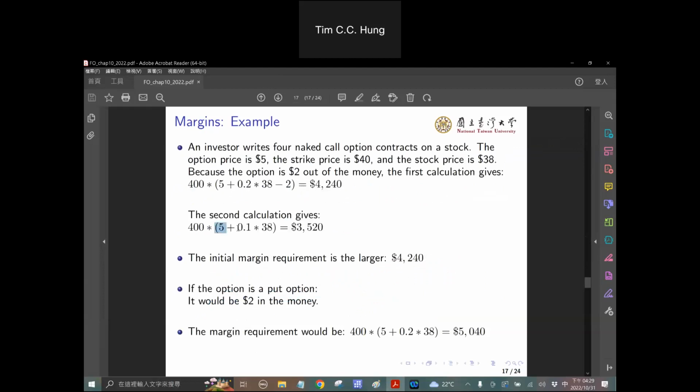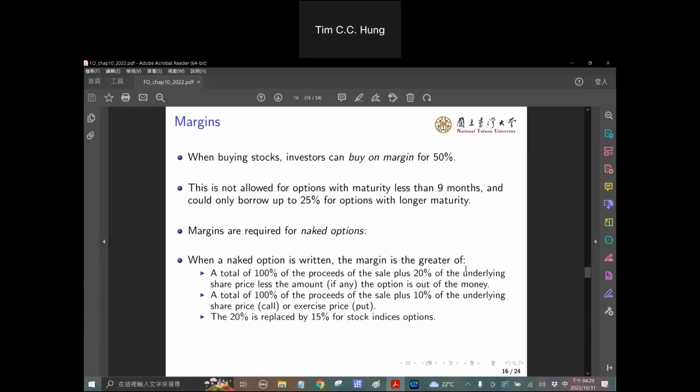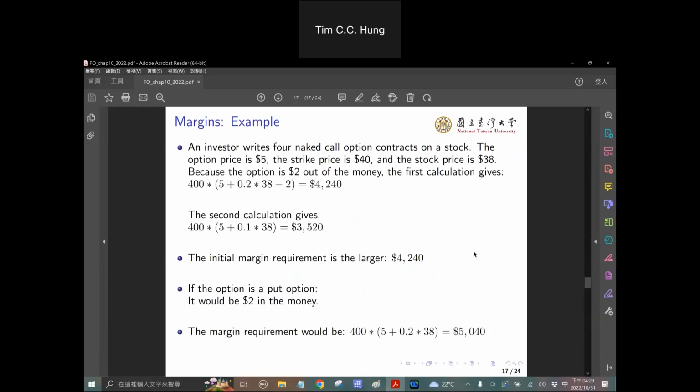So it's $5 plus 0.1 multiplied by $38. You have to calculate both and then decide which one is larger, and the larger will be your margin required. So there are two ways to do the calculation.